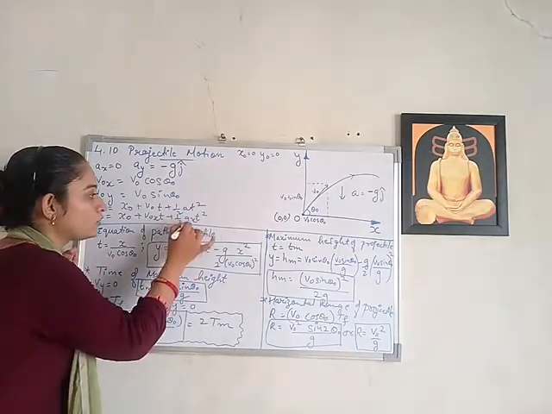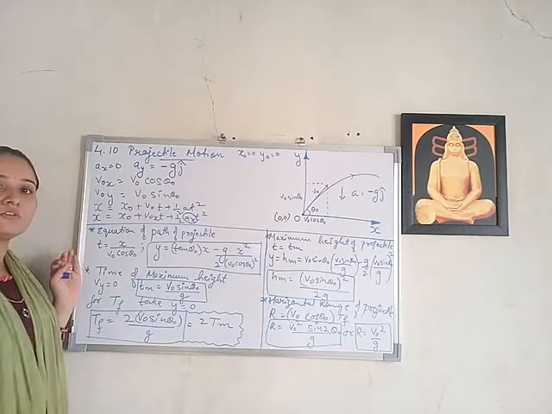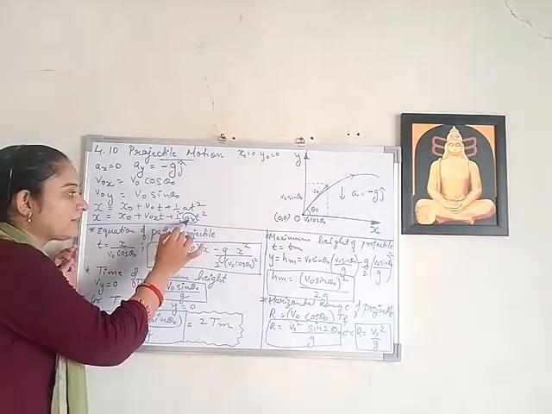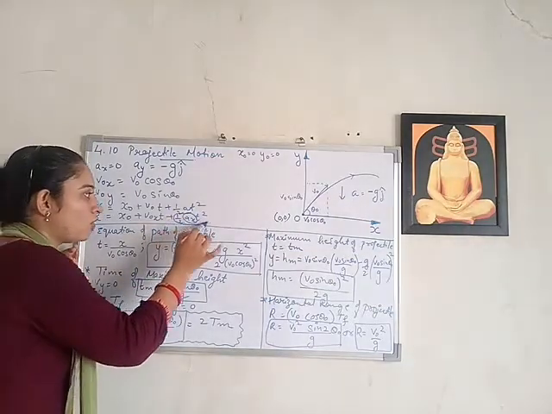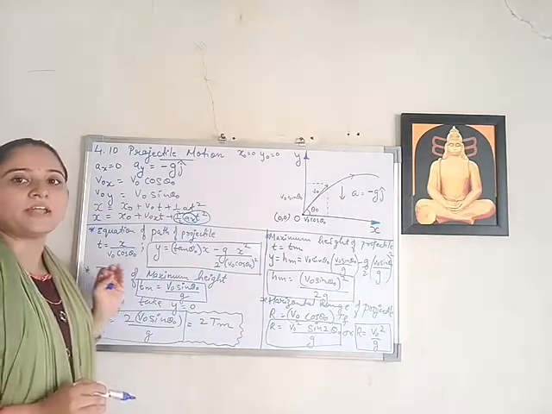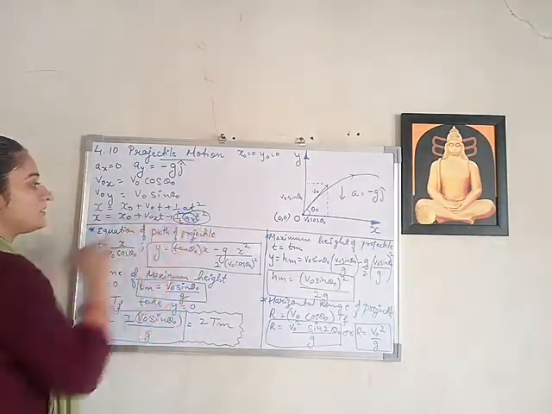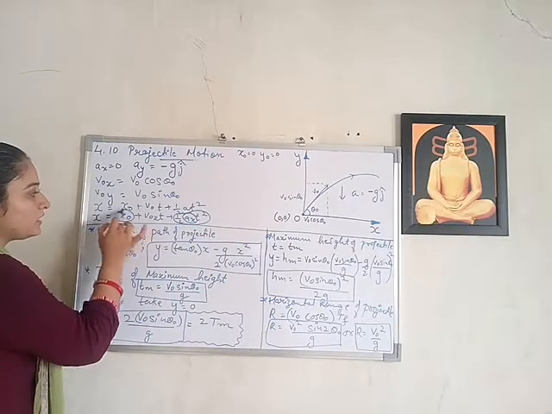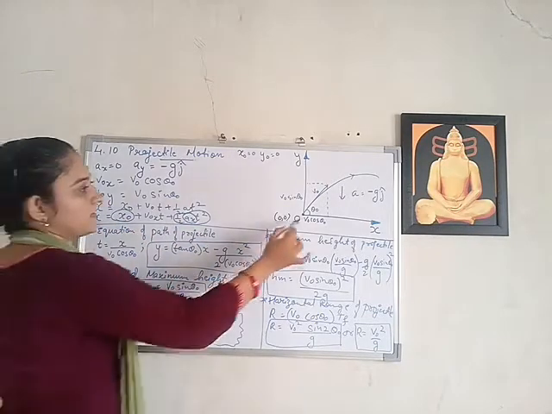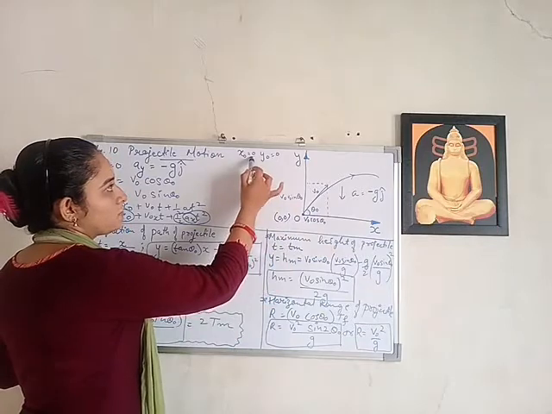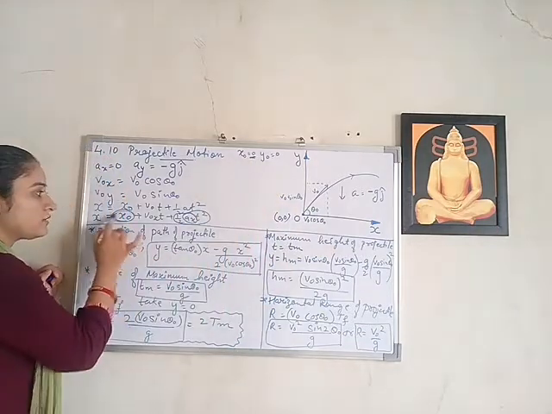Now you know that ax equals 0. If ax equals 0, then the whole term is 0, since 0 multiplied by any number is 0. The initial distance along the x-axis is also 0, so this term is also 0.